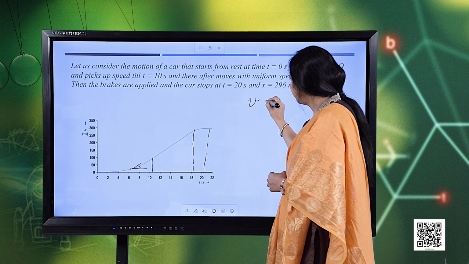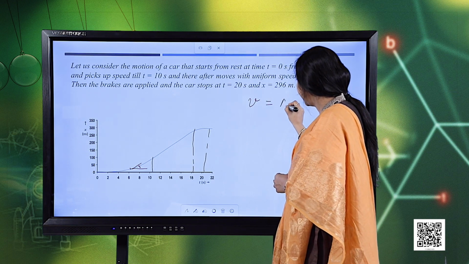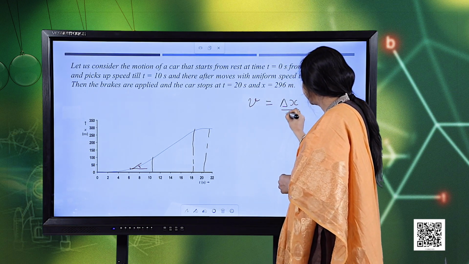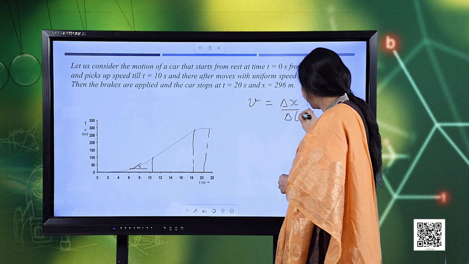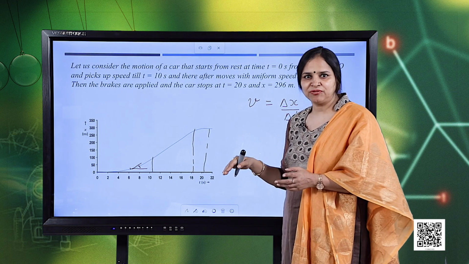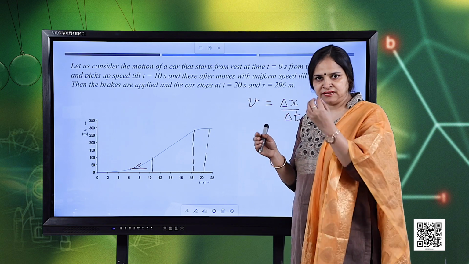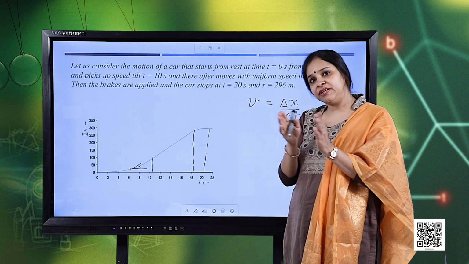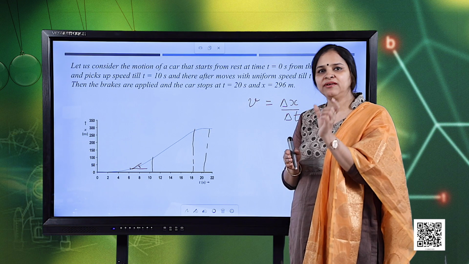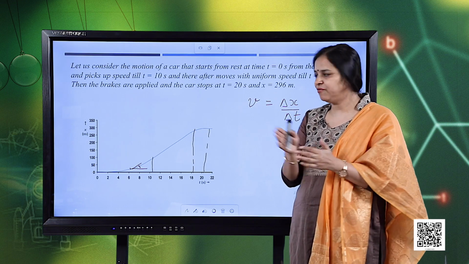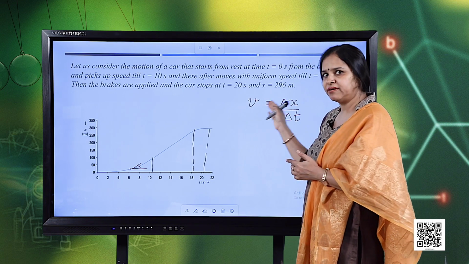We know that velocity is delta x by delta t. If we have proper data, then using the data we can also calculate it, taking the time interval to be very small, and the corresponding displacement upon time will give us the velocity at that particular instant.